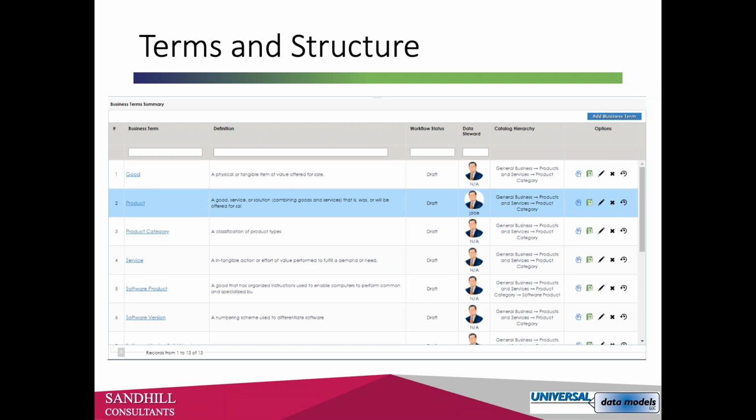In the course of change management, where is this? Who's the data steward for this particular term? And then the catalog hierarchy actually shows us our individual knowledge areas and the structure that the business catalog falls into, or the glossary falls into.